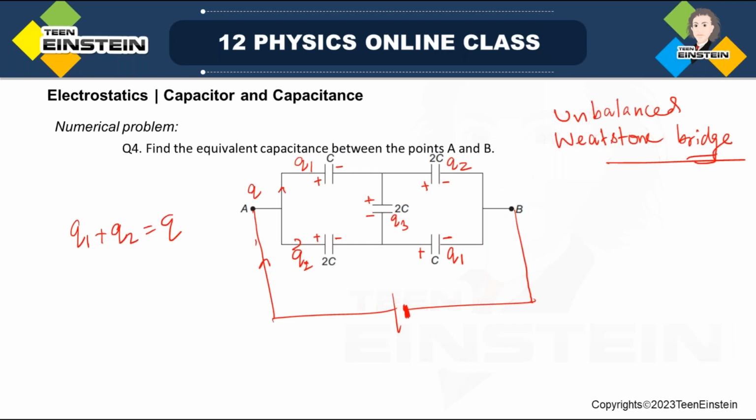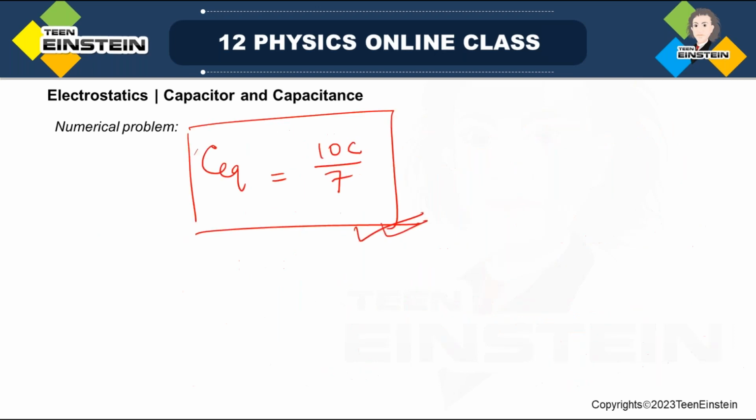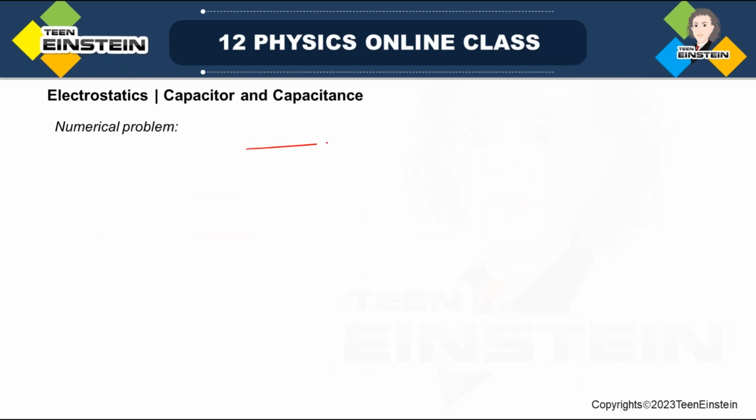Next day we'll do the calculation, and next day basically we'll be learning the CR circuit, charging of a capacitor and discharging of a capacitor through R. Okay, this can be switch on and switch off.